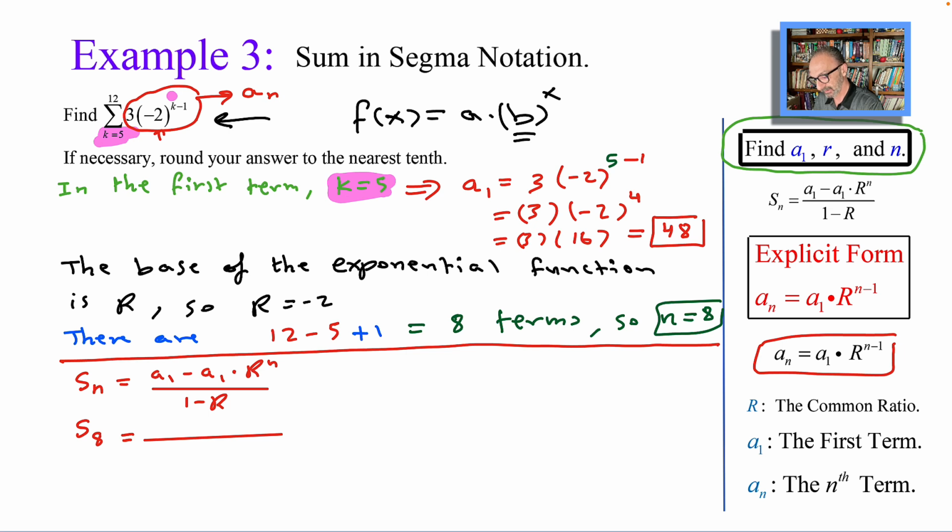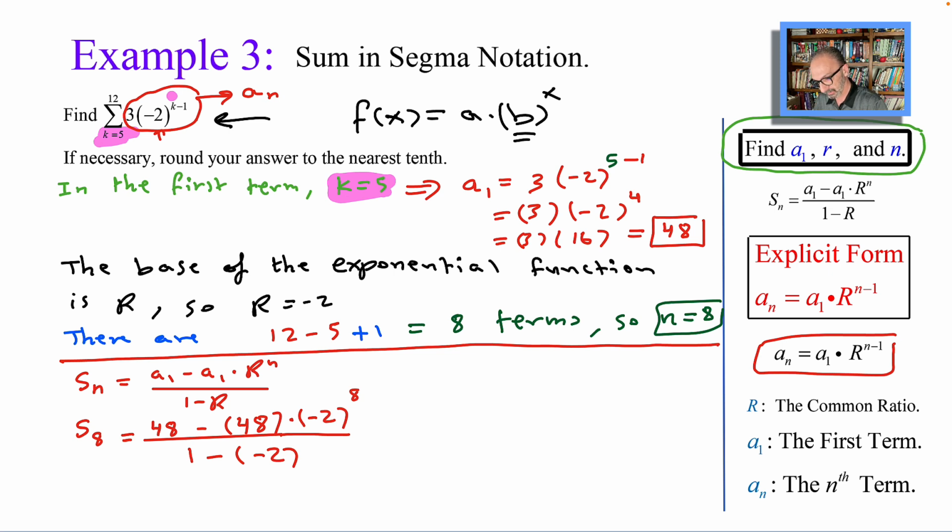So I'm going to write 48 right here, minus another 48, let's put it inside parentheses instead of using a dot for multiplication, times -2, that's my r. r is -2, which is right here. That's my r for this right here. And to the power n, which is 8. Let's extend the fraction bar over 1 minus -2 for r, which is going to change to 1 plus 2.